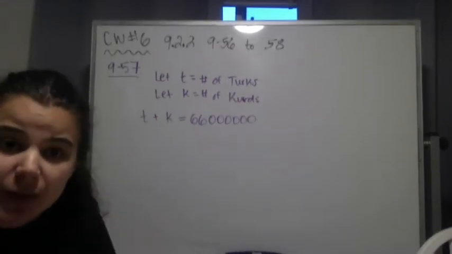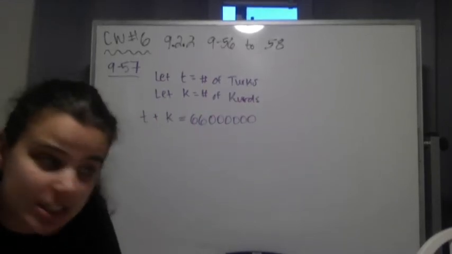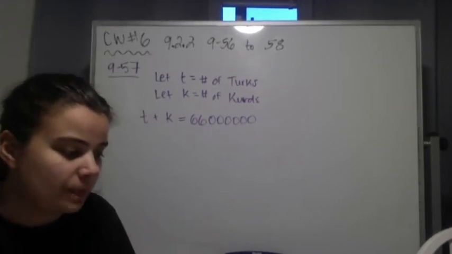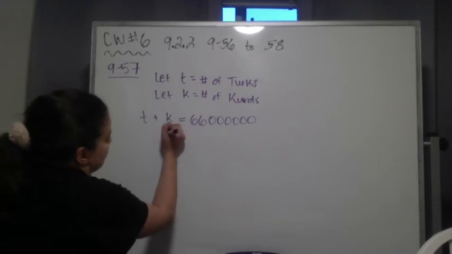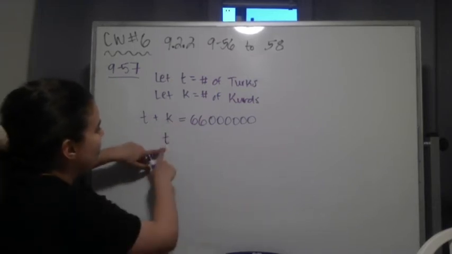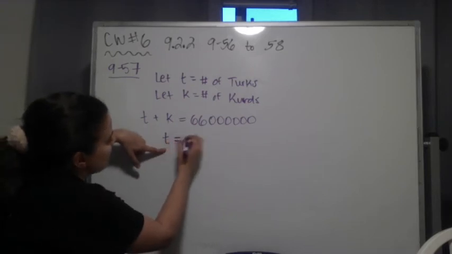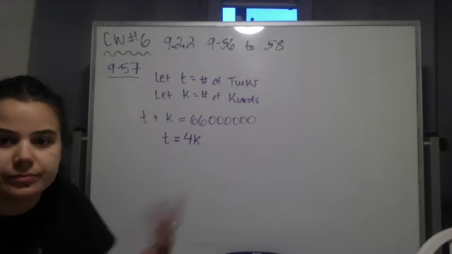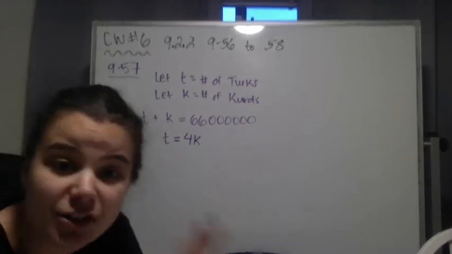They also tell you that the number of Turks is 4 times the number of Kurds. And so that means that you can just translate it into math. So T equals 4K. That's it. And now we have to solve.